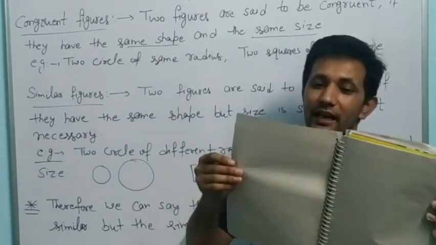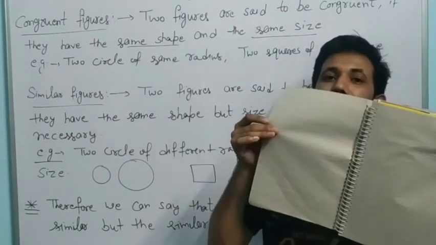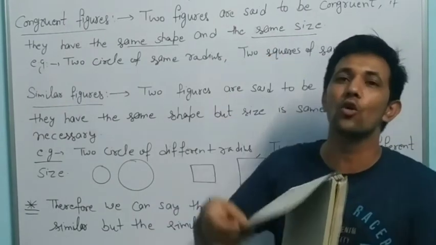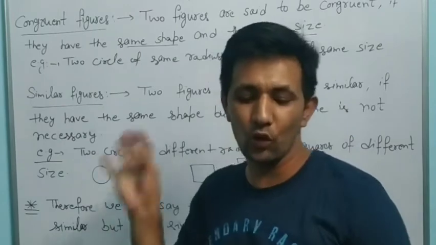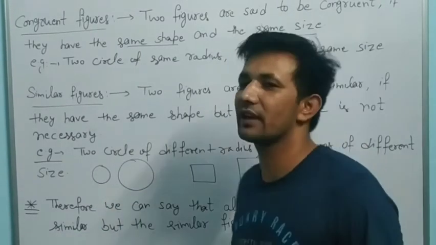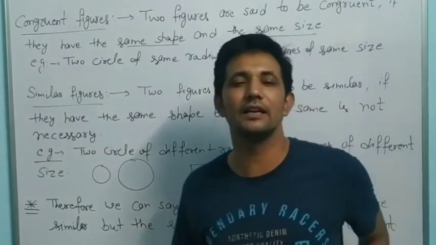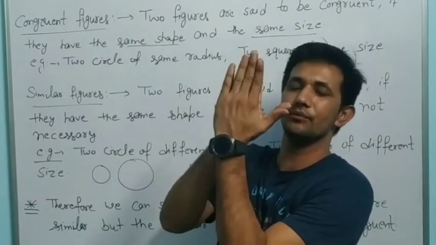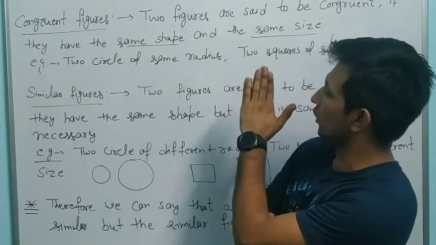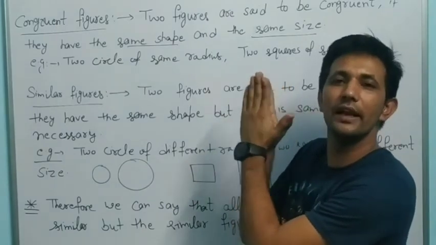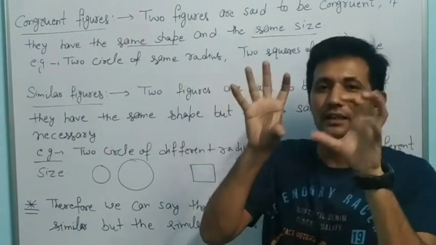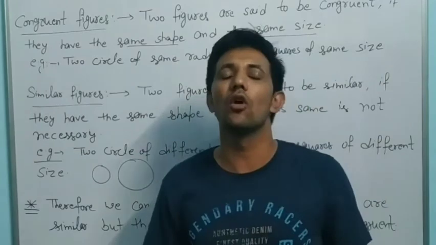It means they can cover each other completely, so they are congruent. Any two figures which can cover each other completely are congruent. Understand? Suppose our hands: if you see them from the front, it seems like only one hand. It means our hands are also congruent.